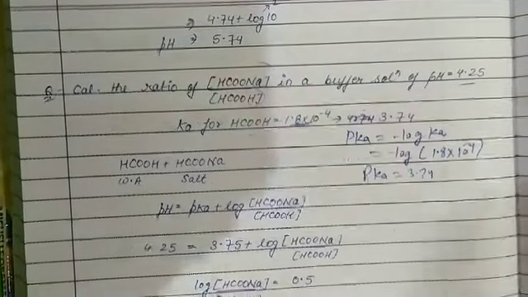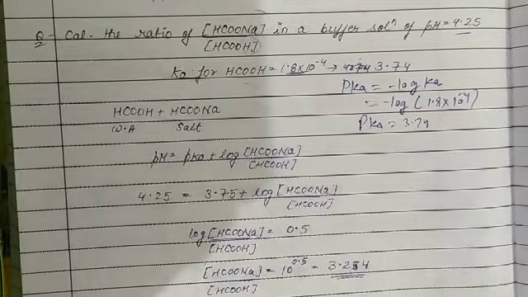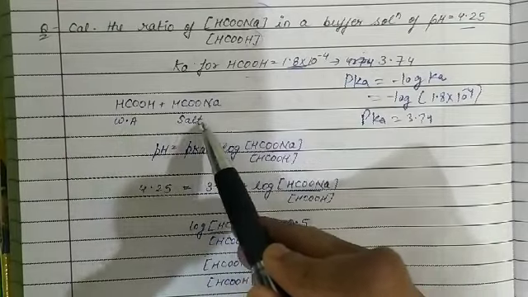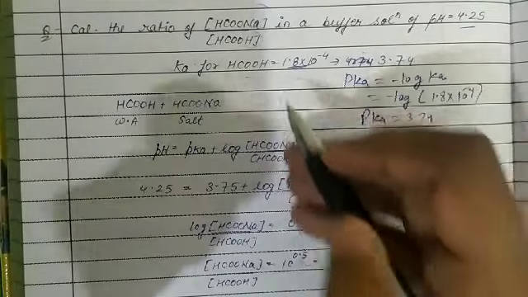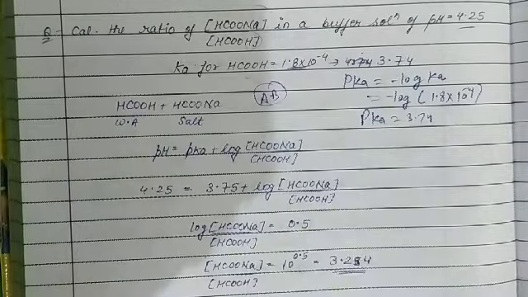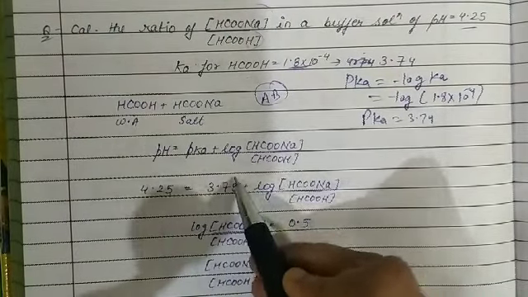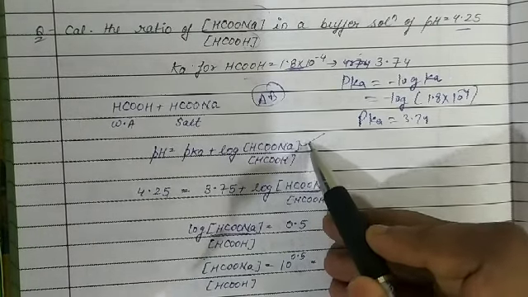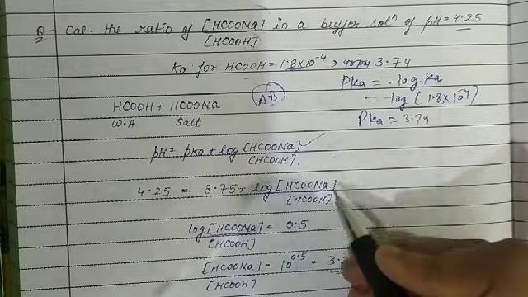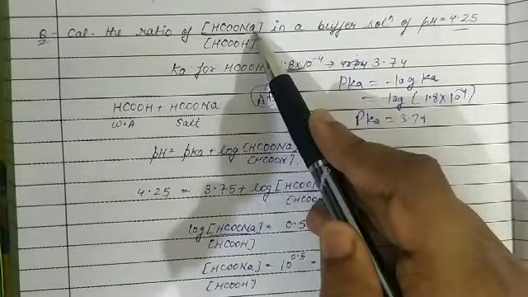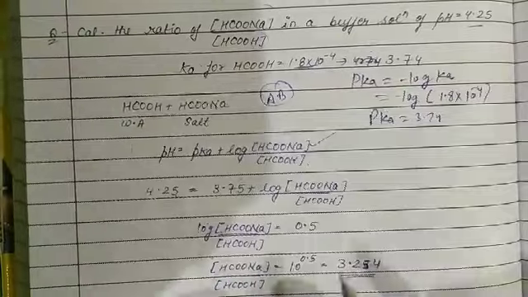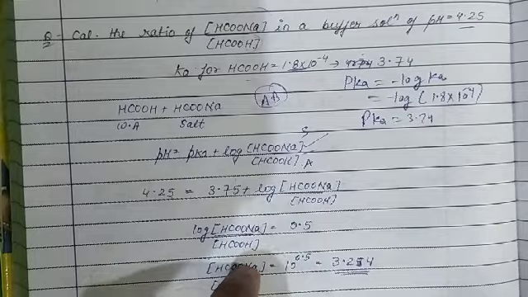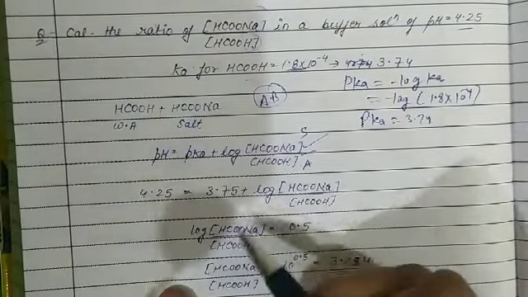Now apply the equation. This is basically the weak acid and this is the salt of this weak acid with strong base. So the buffer formed is an acidic buffer, and pH equal to pKa plus log of concentration of salt divided by concentration of weak acid. We have to find the ratio. So pKa is given, pH is given, now subtract.